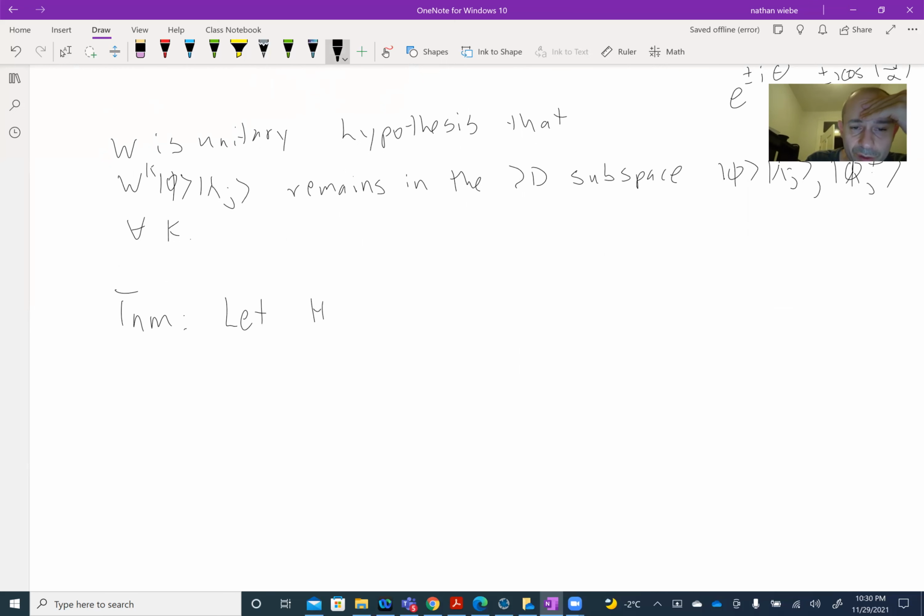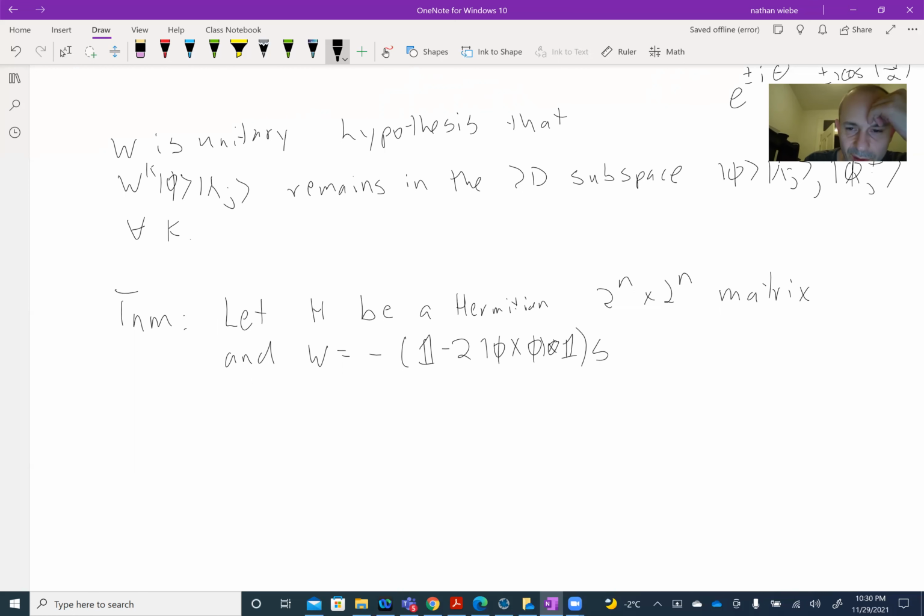Let H be a Hermitian 2 to the n by 2 to the n matrix, and let W equal minus identity minus 2 times state phi tensor identity, select.